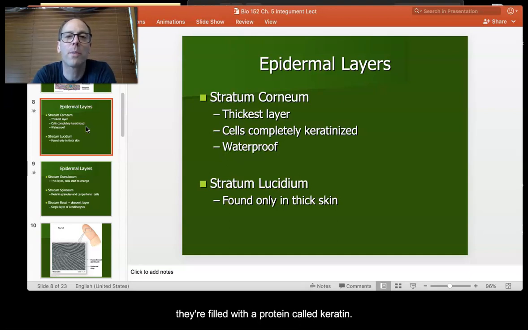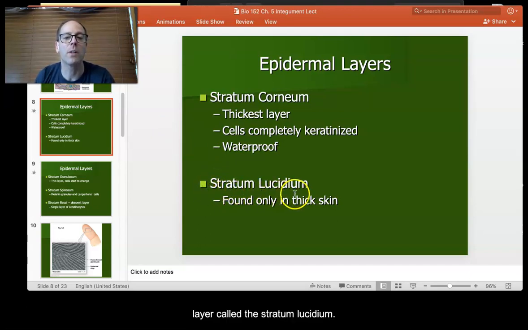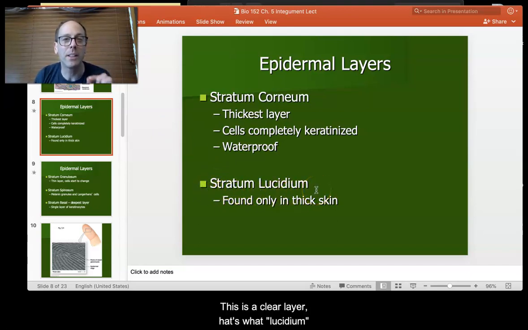They are filled with a protein called keratin, and you may be familiar with that protein. It's in your fingernails, it's in your hair. So this is the outermost layer. As you move deeper, now this is only in thick skin. In thick skin only, you have this layer called the stratum lucidum. This is a clear layer, that's what lucidum means, found only in thick skin.